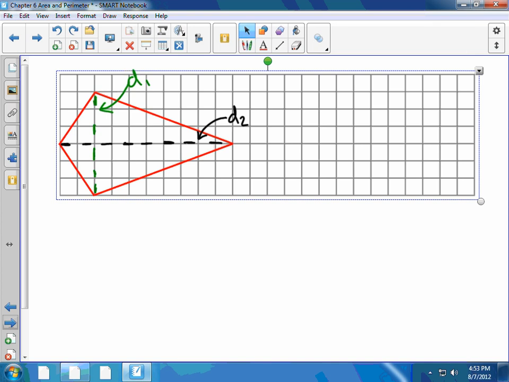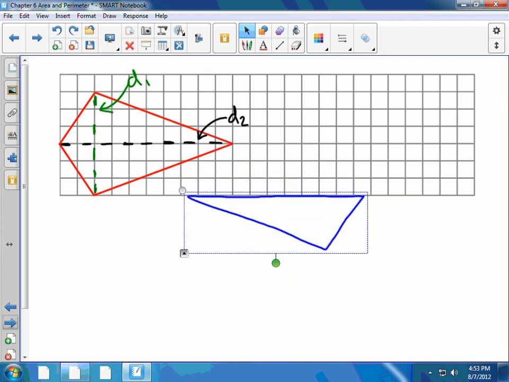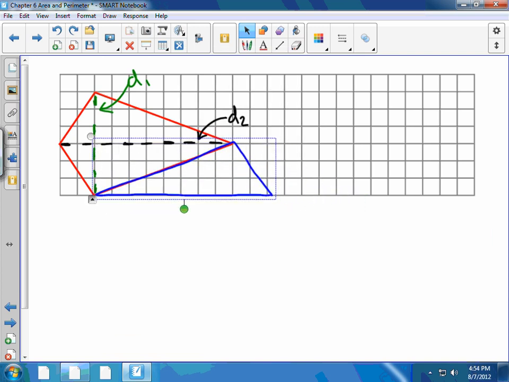So we need to change this kite into something a little bit more familiar, like a rectangle or a parallelogram. If we cut along diagonal 2, we're going to create 2 triangles. And here's what one of them will look like. And if I take that triangle and I rotate it, and I'm going to flip it, and I reconnect it to the other triangle, I'm going to get a parallelogram.